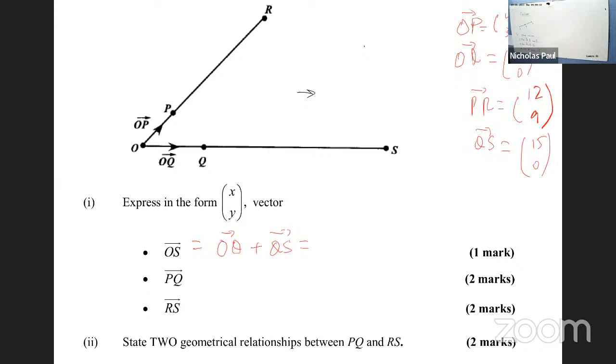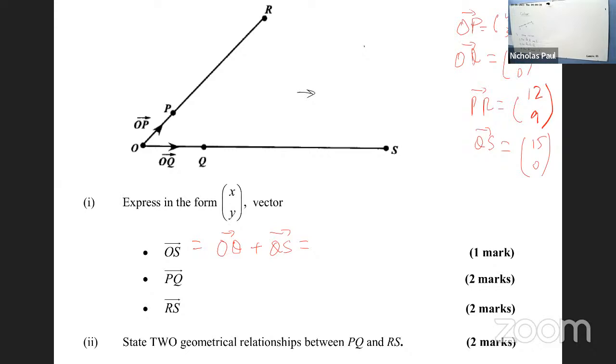Is there something other on the line? Look at the whole line. See OS, making the whole line. What are the parts that make it up? Right, and then Q to what?